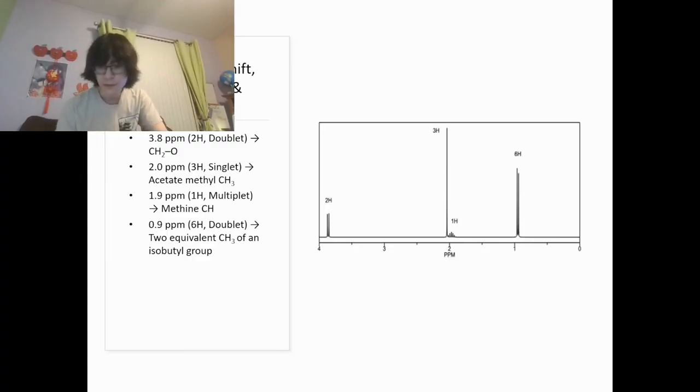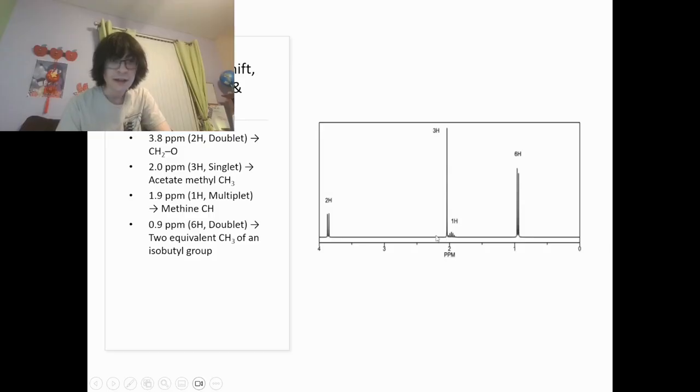So this next one here, we have a 1H NMR. We have the H shift, integration, and multiplicity. For this first one here, between 3 and 4, we have 3.8 ppm, and that is a 2H doublet, which leads to a CH2 single bonded to an oxygen.